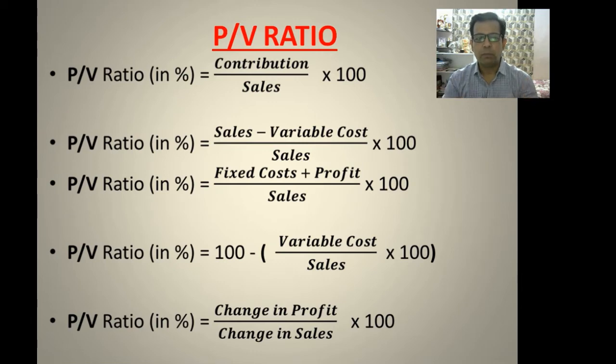The top four formulas we use in a single year period, and the last one we use only when we have two period data. All right, so these are various formulas for PV ratio. Remember, in almost every given question of marginal costing, we would need to calculate contribution and PV ratio.